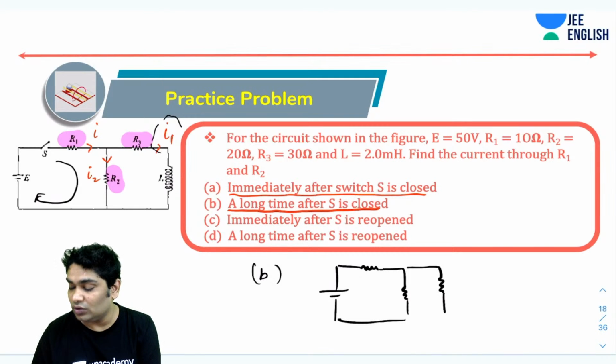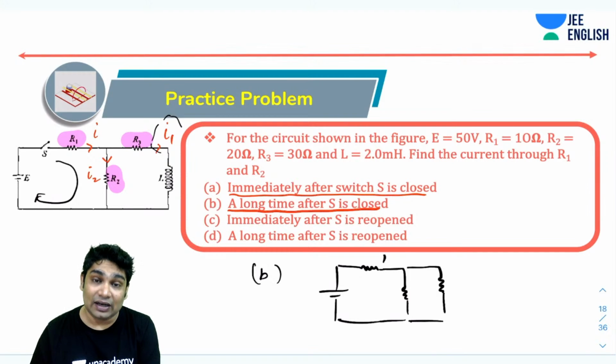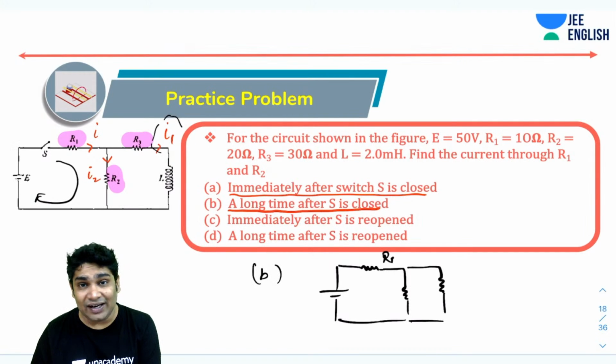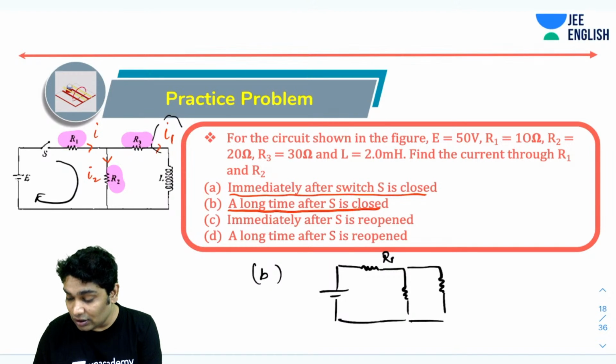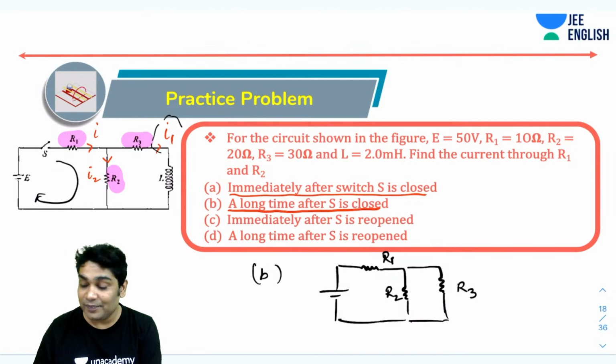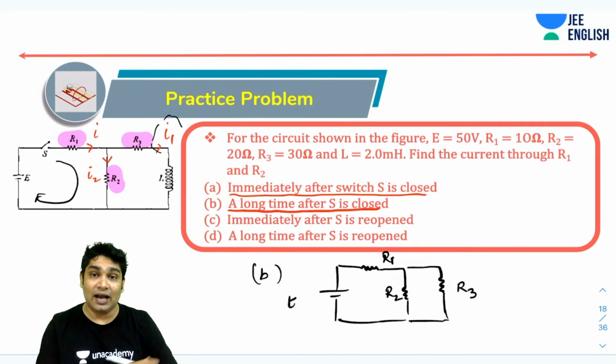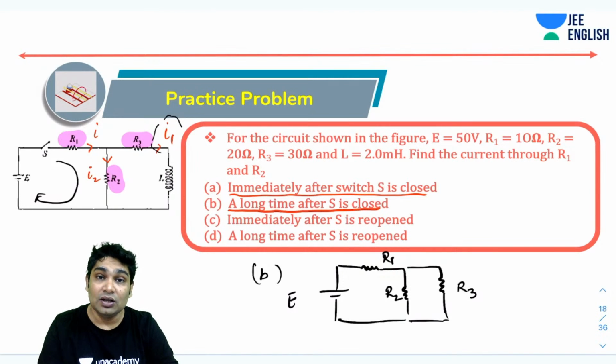Right. So that is the trick of solving all these. At t equals 0, replace the inductor as an infinite resistance, or you can completely remove the branch having the inductor, and at the steady state you can completely remove the inductor itself because it is nothing but a resistanceless wire. Okay, so this is the circuit at position B.